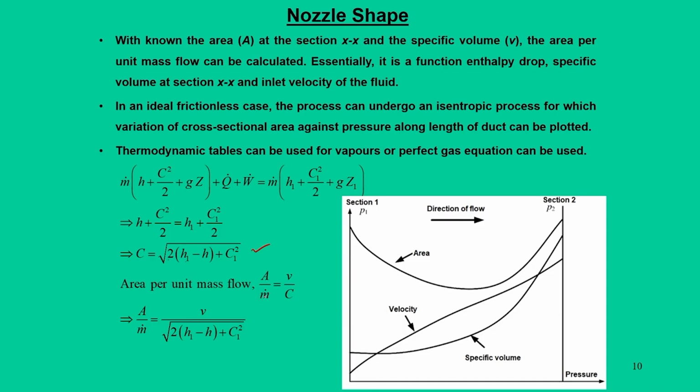So, from this we can say m dot is equal to rho A C, or m dot is equal to 1 by specific volume times A into C. So, this gives A by m dot is equal to v, the specific volume, by C. When you put the C expression from here in these equations, we have a relation that A by m dot, that means area per unit mass flow rate, depends on the specific volume of the fluid, the enthalpy difference and the initial velocity.